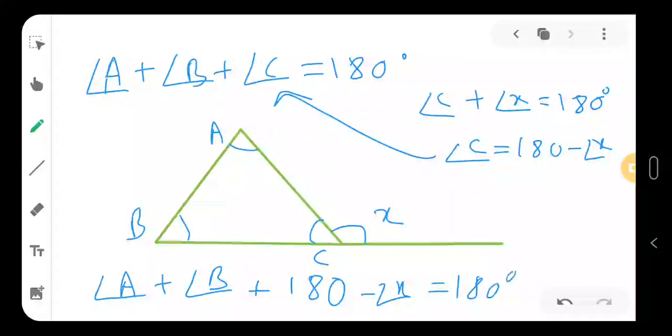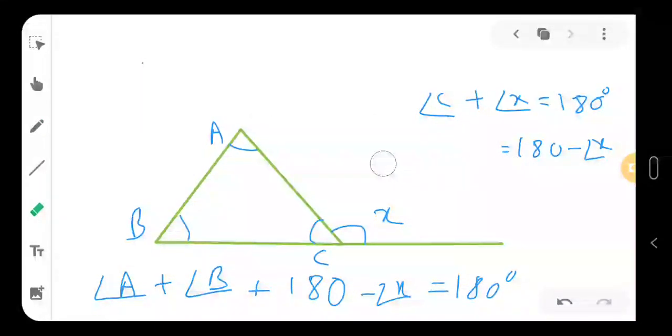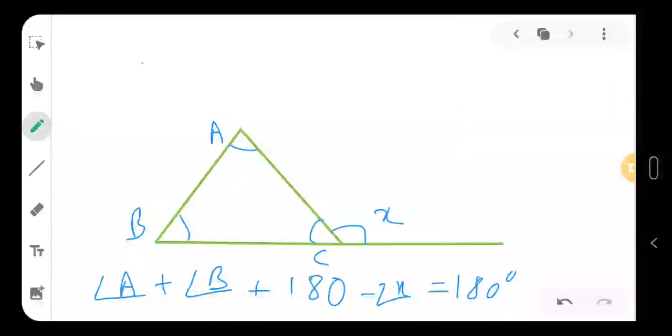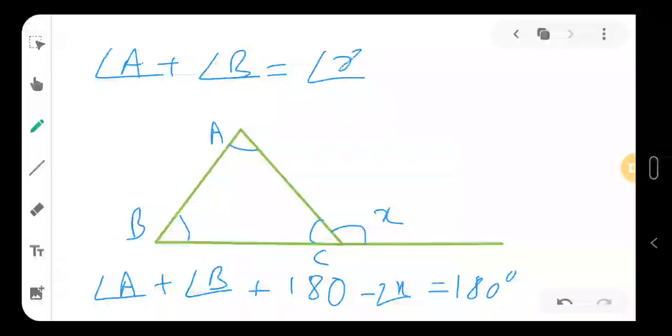If we further simplify this, I will get A plus B is equal to X. So here I have one formula, which says that the sum of the two inside angles of a triangle is equal to the outside angle.